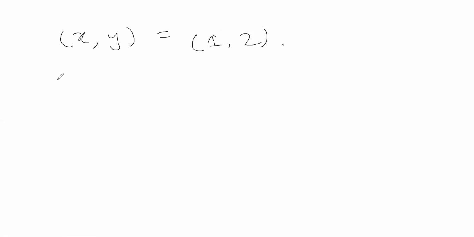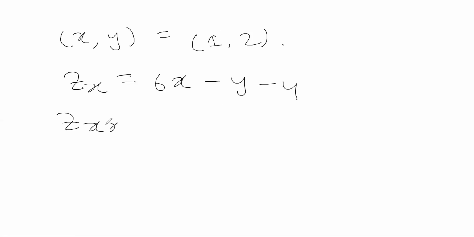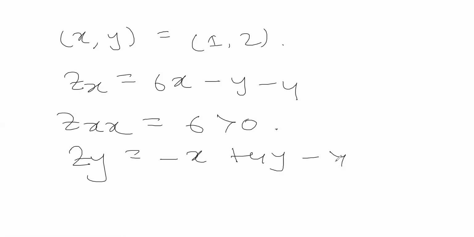Now let's look at the second order condition and take the second order derivative. So z of x, once differentiated, was 6x minus y minus 4. If it is differentiated with respect to x again, we get a 6. This 6 is definitely greater than 0. Now similarly, in terms of zy, we get negative x plus 4y minus 7.